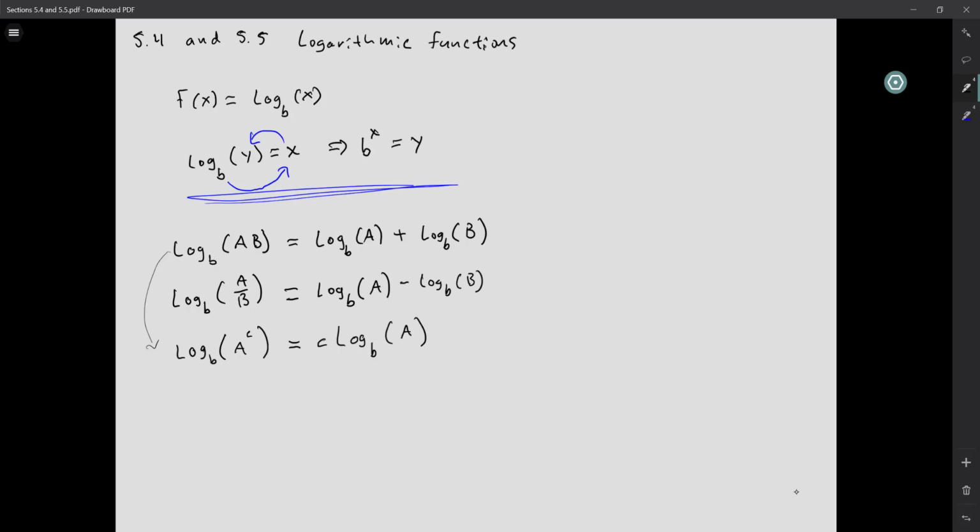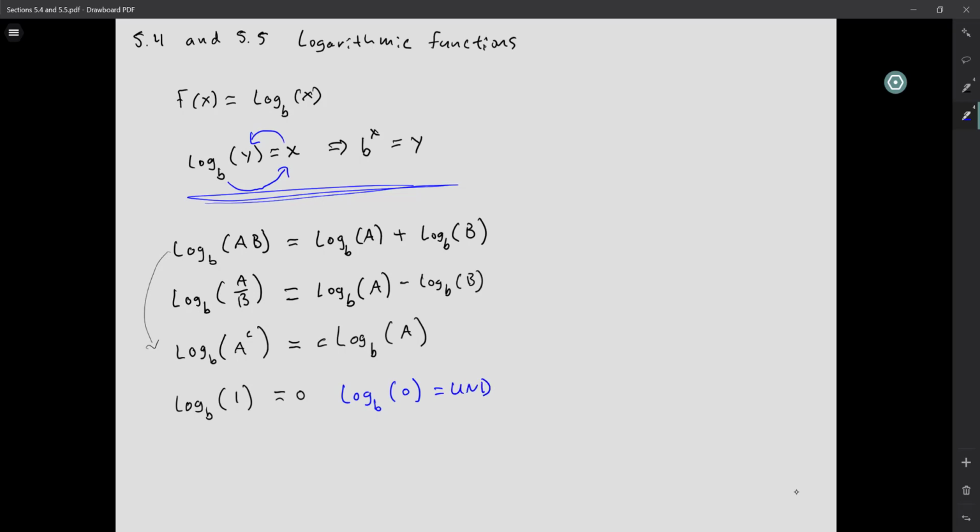Following suit with the previous section, we've got a couple of special cases here. If I've got log base b of 1, this one is always equal to 0. And I'll write another one that goes with this, just so we don't make mistakes in the future. If I try to take the log of 0, I get undefined.